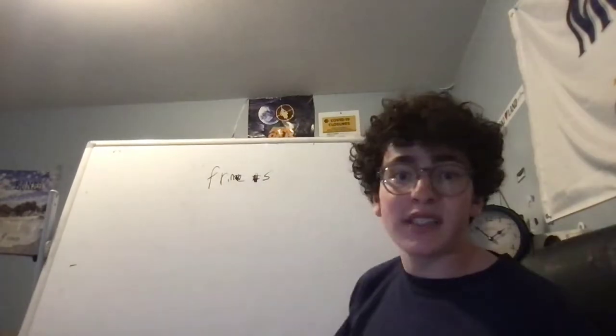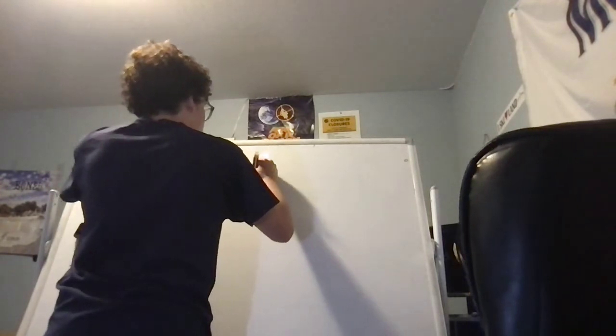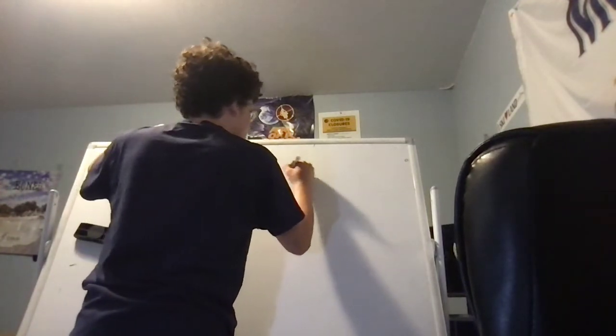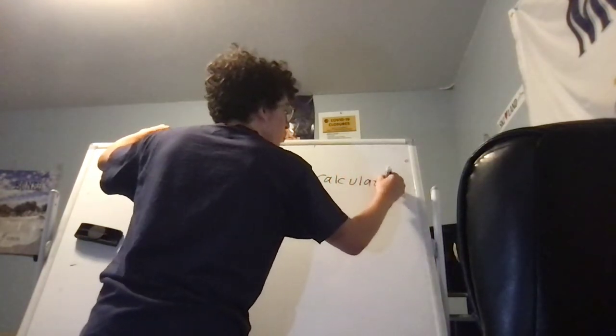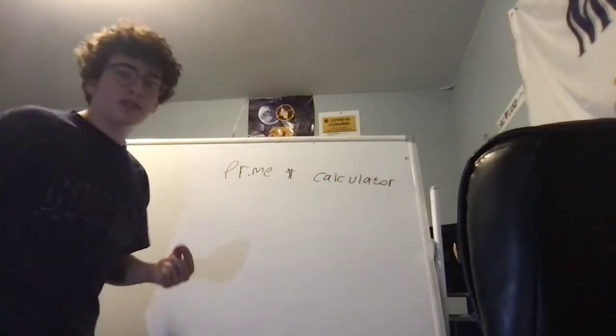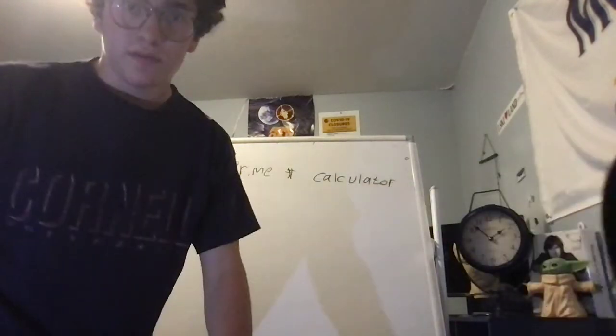So, now we're going to talk about a pseudocode example of a prime number calculator, okay? So, as I just described to you guys, we're basically using division here, okay?